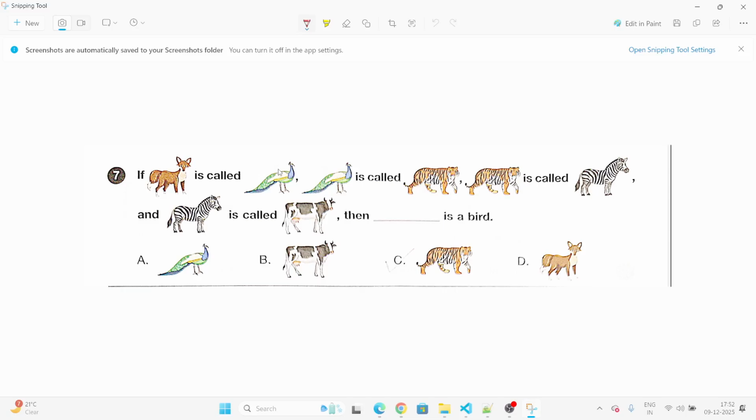Fox is called peacock, peacock is called tiger, tiger is called zebra, zebra is called cow. So then what is a bird? Here the bird is a peacock, right? And what is a peacock called? Peacock is called tiger. So the answer should be C. I hope you understand this one.